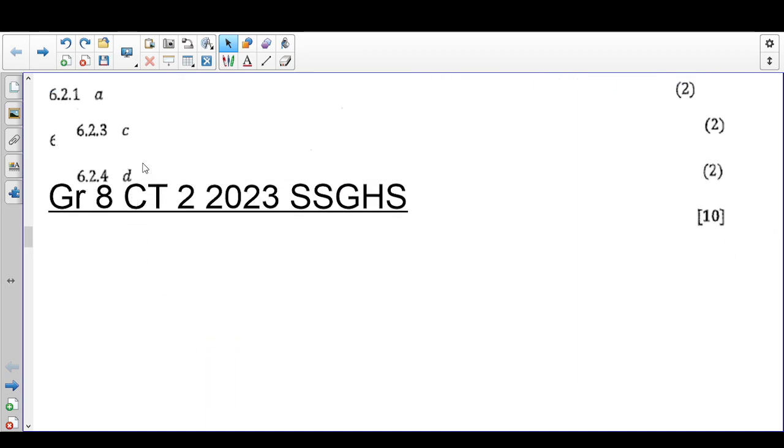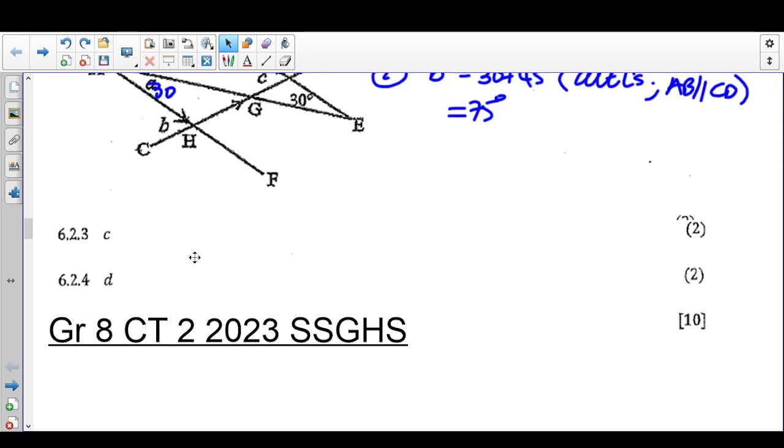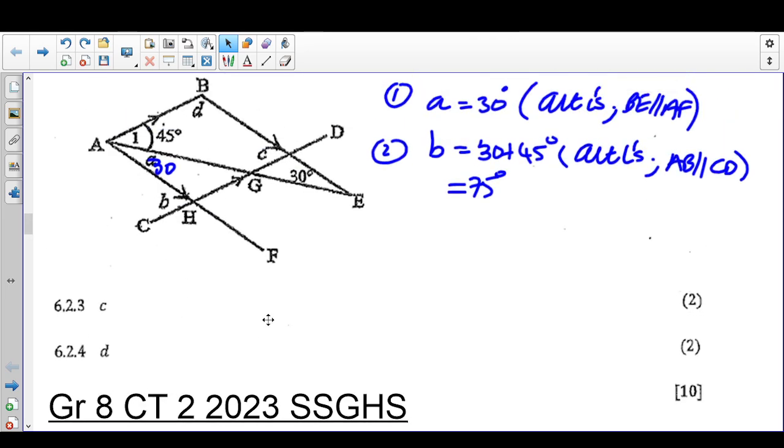Now c and d. So remember, this is now 75. You're looking at c, corresponding angles. Can you see that F?